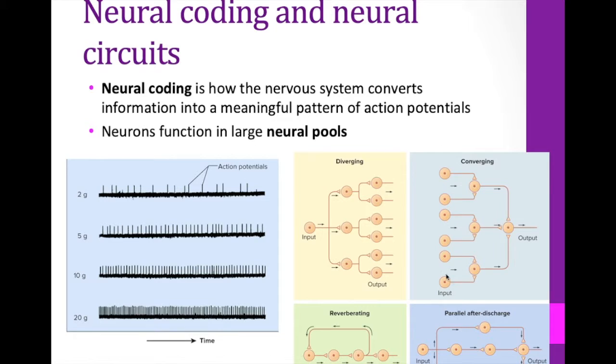So here we have 6 neurons sending information to a single output neuron. A reverberating pathway is where this pathway is going to be able to bring this information back to the beginning. And then a parallel after-discharge. So it starts with one neuron and it ends with one neuron, but the impulse goes down several different pathways to get to that output signal.